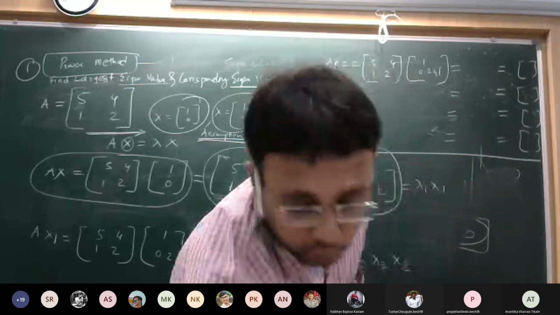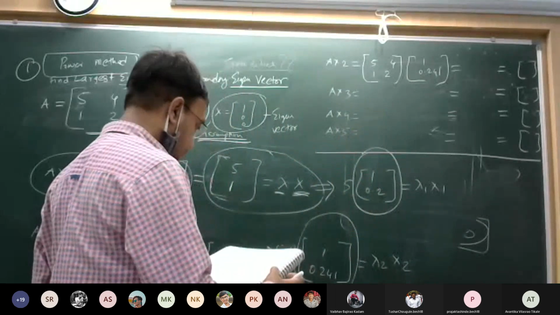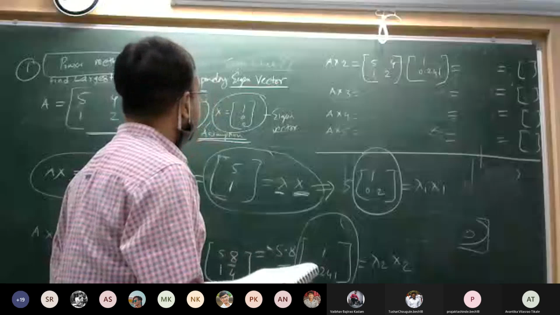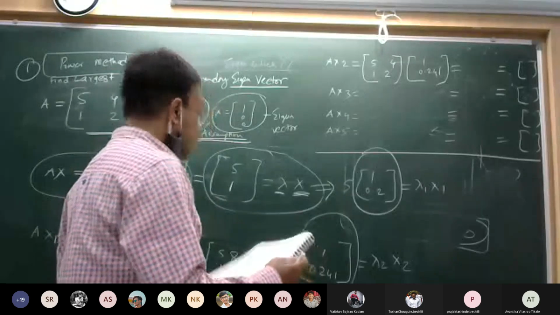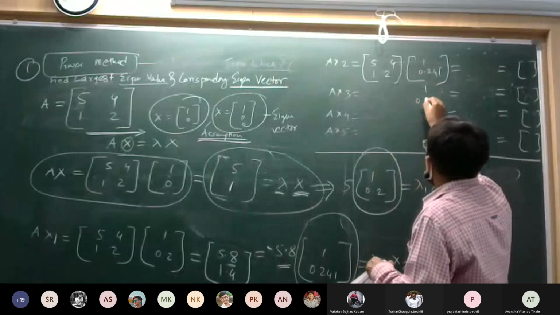I think I will write the particular values so that you get this particular process. I think 5 iterations they have done. Then 1 upon 0.49.